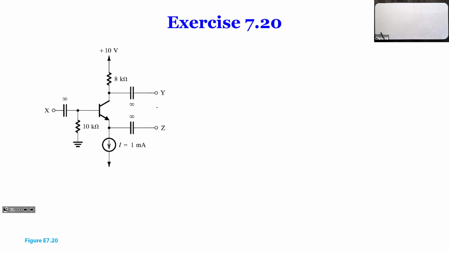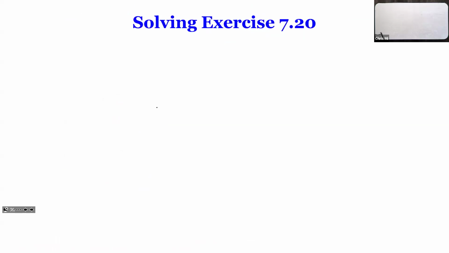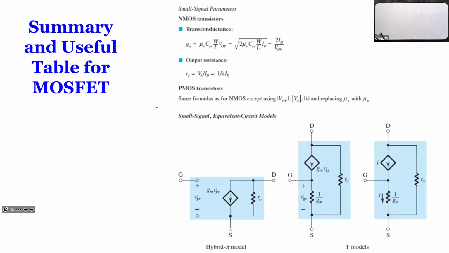Actually, we don't have time to do this example, but I want you to conclude this section. This is the process, for NMOS and PMOS, find the GM, which is 2 times ID divided by VOV, and RO is VA over something; you guys memorize that.